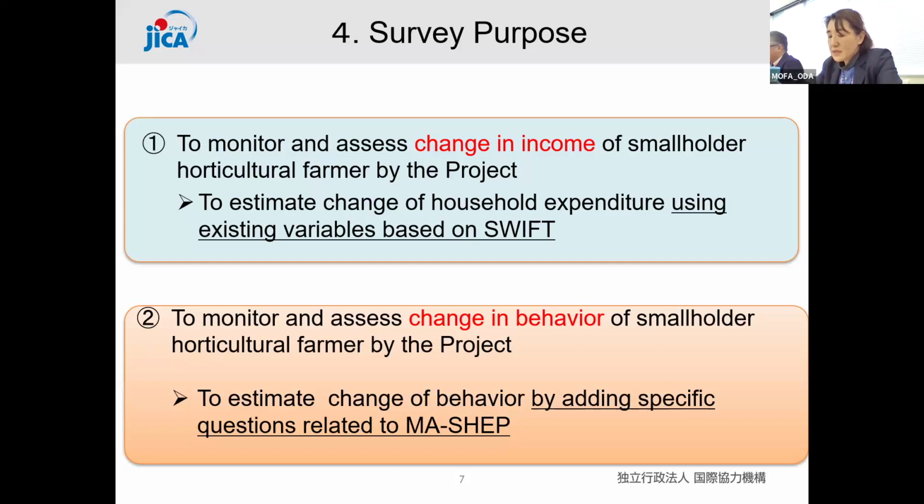And the second is to monitor and assess change in the behavior of the farmers by the project. And this was conducted by adding specific questions related to the MASHEP, and then analyzing them to estimate the change of the behavior.